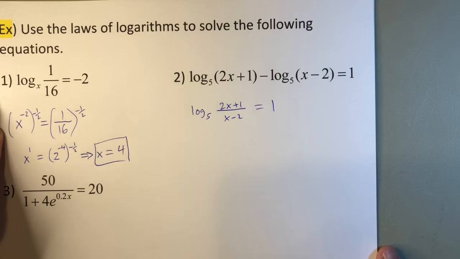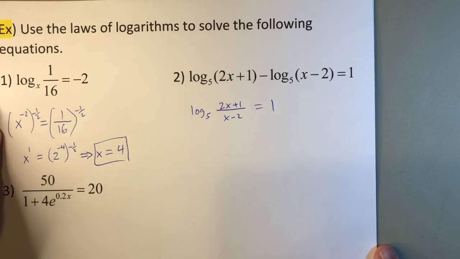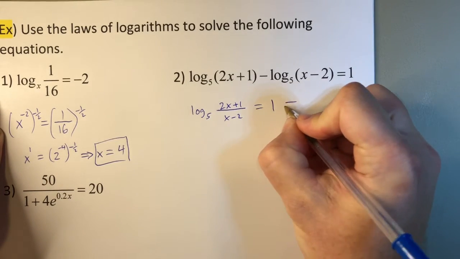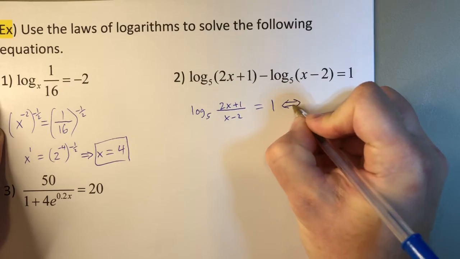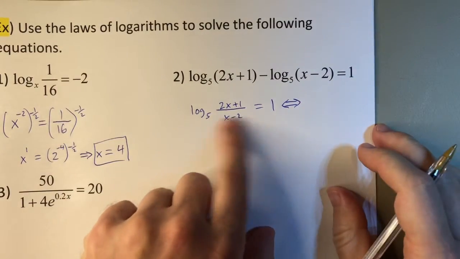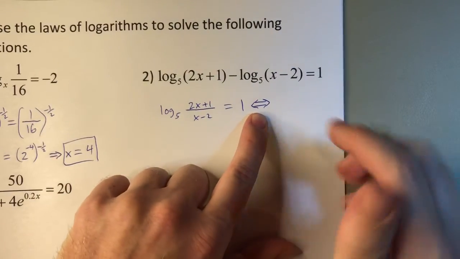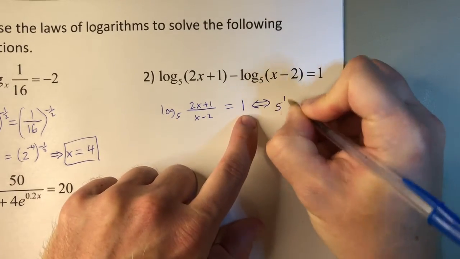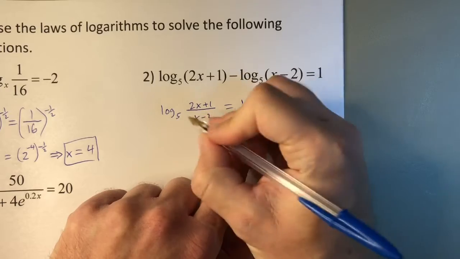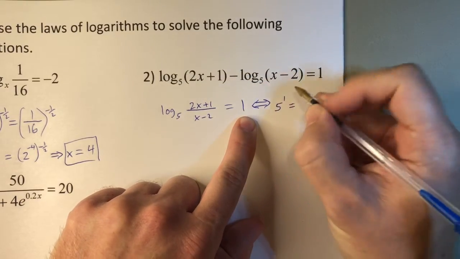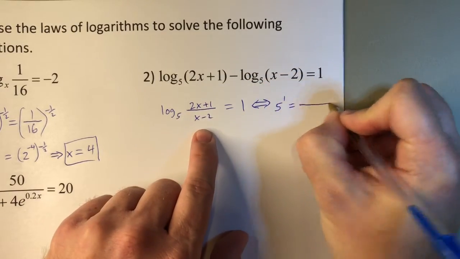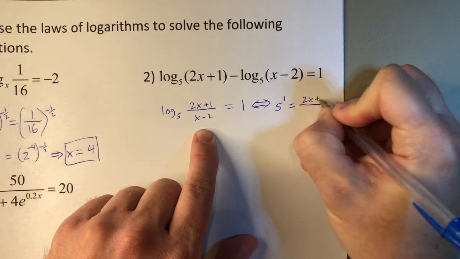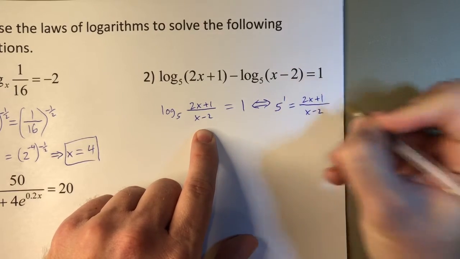Okay? At this point, I could apply the definition of a logarithm, and I could rewrite this. So I'm going to go ahead and rewrite this now. So this logarithmic equation exists if and only if what? Base 5 to the first power, remember, logarithm is an exponent, is equal to whatever you're taking the logarithm of. So 2x plus 1 all over x minus 2.